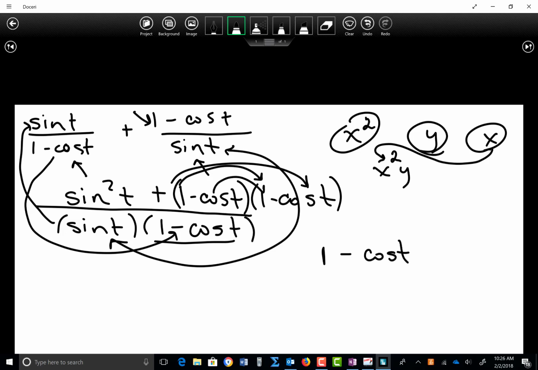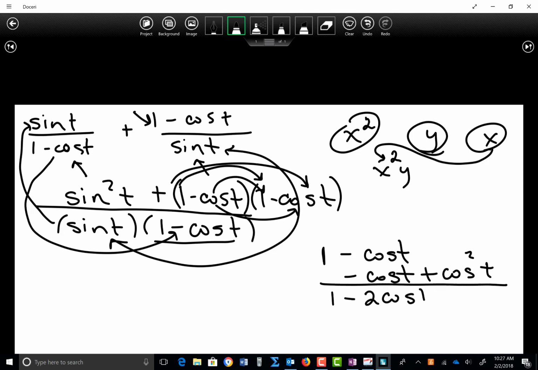Minus cosine times 1 is another minus cosine. And minus cosine times minus cosine is plus cosine squared. So we end up with 1 minus 2 cosine plus cosine squared. So that's what that one expression is.